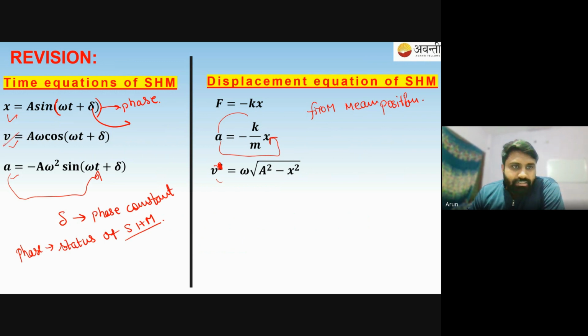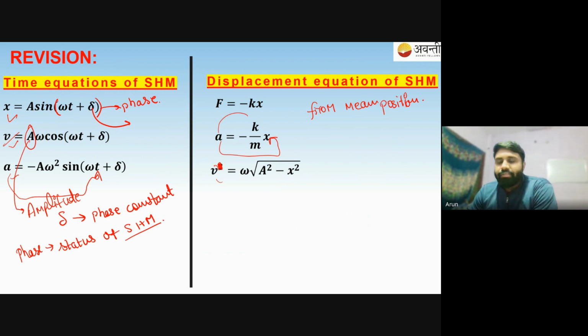Same for velocity. If you differentiate this with respect to time, you will get v equals A omega cos omega t plus delta, where A is the amplitude, which is the maximum displacement from the mean position.